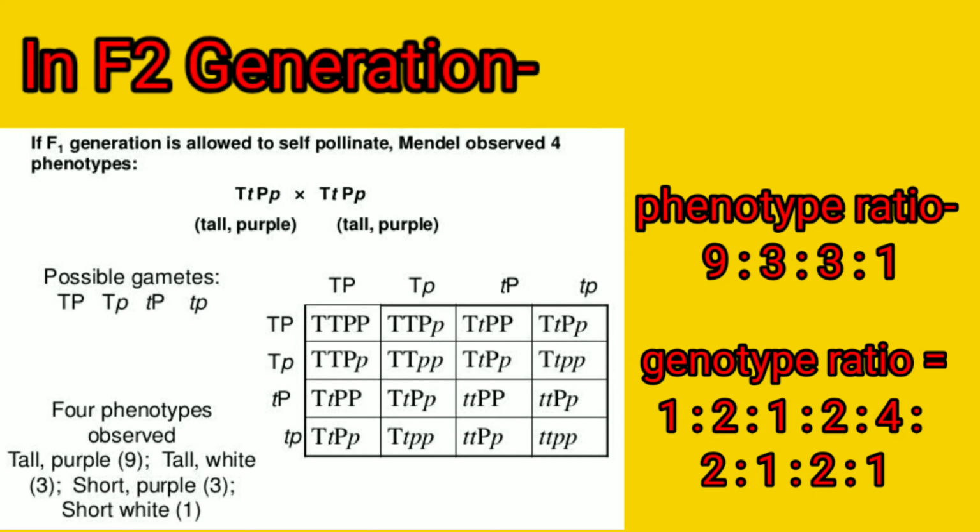When we plot these gametes in a Punnett square, we get the phenotypic ratio 9:3:3:1 and the genotypic ratio 1:2:1:2:4:2:1:2:1. Four phenotypes are observed here: 9 plants are tall with purple flowers, 3 plants are tall with white flowers, 3 are short plants with purple flowers, and 1 is a short plant with white flowers.